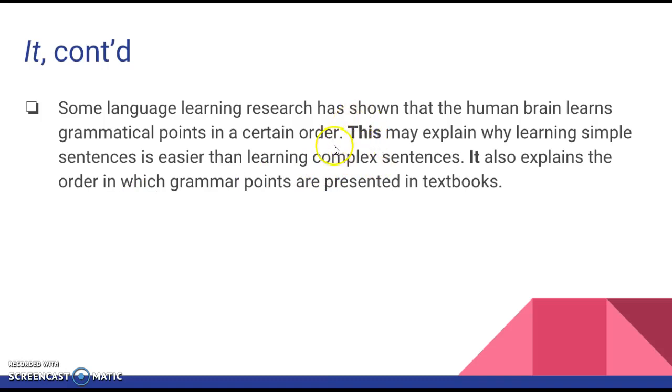This is referring to the first sentence here. And then the writer switched to it in order to avoid using this again. And it also refers back to the very first idea in the sentence. So we can use it to reduce the amount of repetition in a piece of writing.